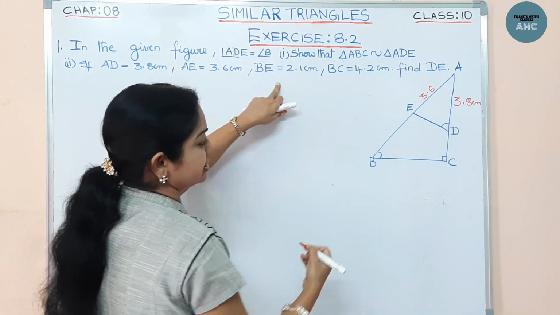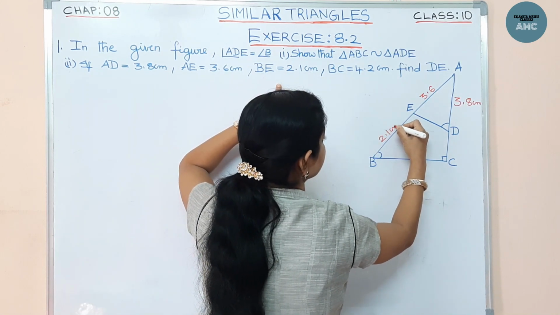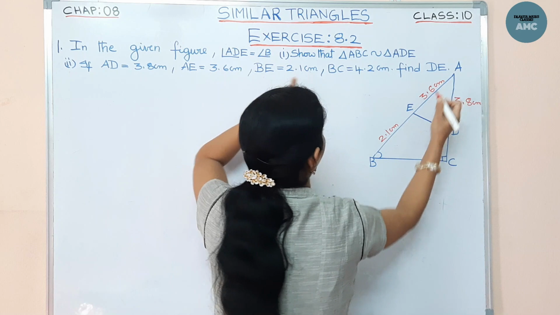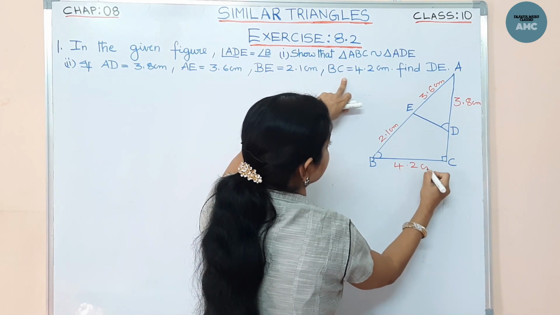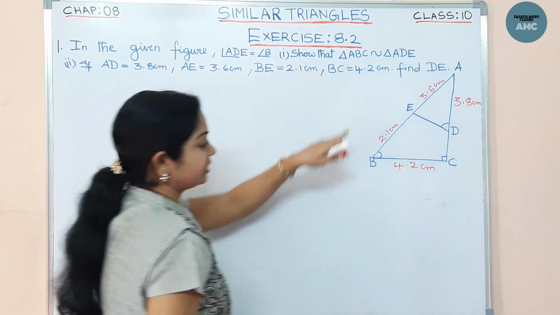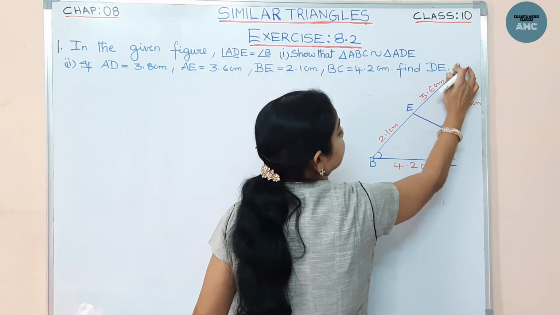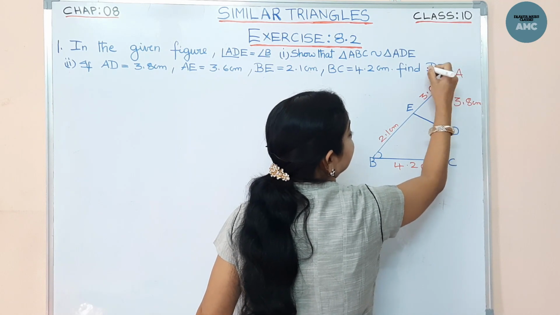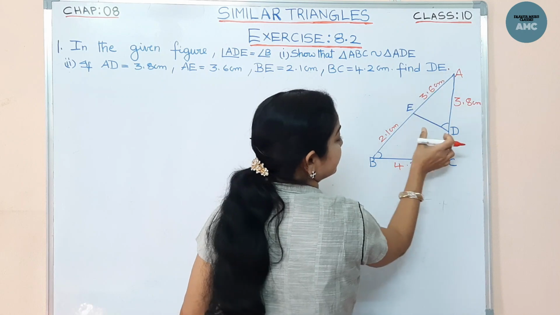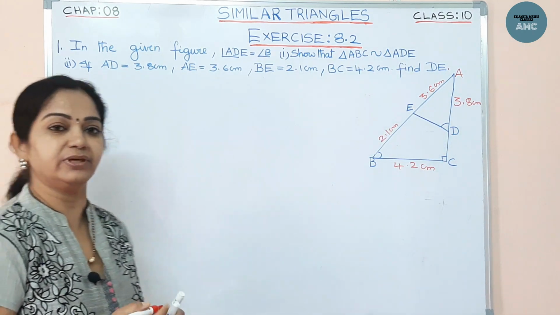BE is 2.1 centimeters. And BC, this one, is 4.2 centimeters. Now, what do we have to calculate? Find DE here. This is A, I'll write it down because it will get confusing. Now, find DE. This we have to find. That is the second part of the question.